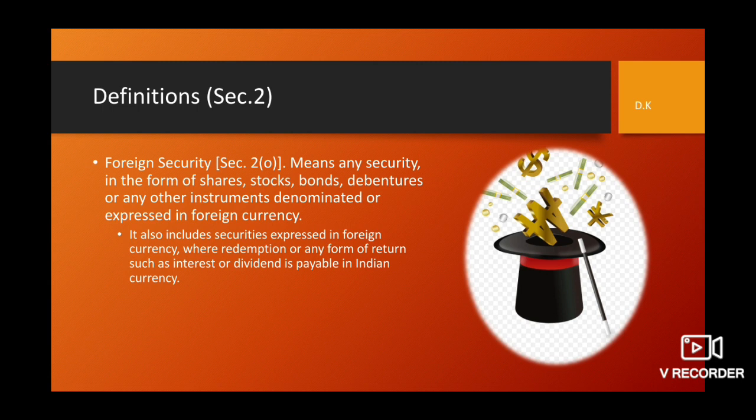It also includes securities expressed in foreign exchange where redemption or any form of return such as interest or dividend is payable in Indian currency. This definition of a foreign security is very wide. It covers the cases of companies which maintain two share registers, one in India and the other outside India, so that the shares entered in the register maintained by the company abroad shall be regarded as foreign securities.